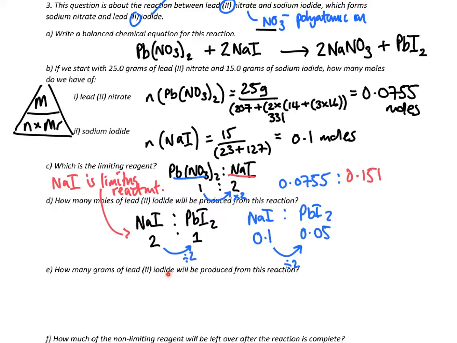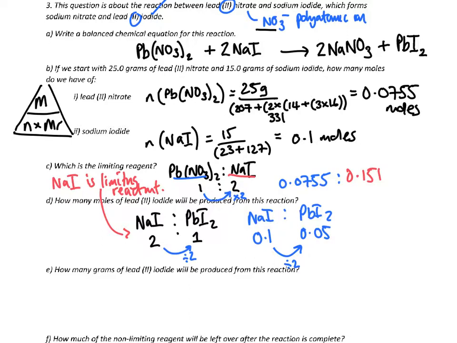Finally, how many grams of lead iodide? Well, up here we know the number of moles of lead iodide. And so we're going to go back to this equation here. We've got the number of moles. We can easily work out the Mr of lead iodide, and then we can get the mass.